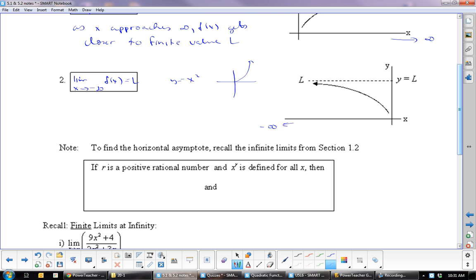If you put negative infinity in there, negative infinity squared is infinity, right? So I'm using that evidence there. Now what about y equals x cubed? Well, if I put in infinity, it goes like this. If I put in negative infinity, negative infinity cubed is negative infinity, right?